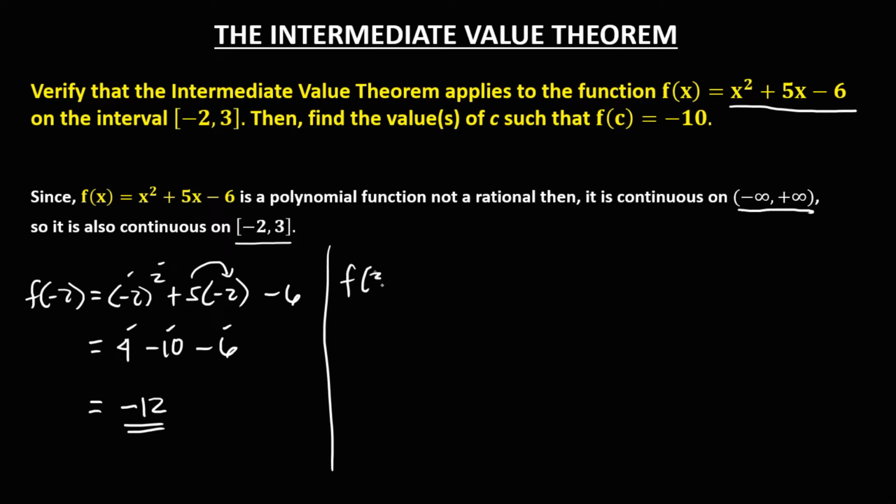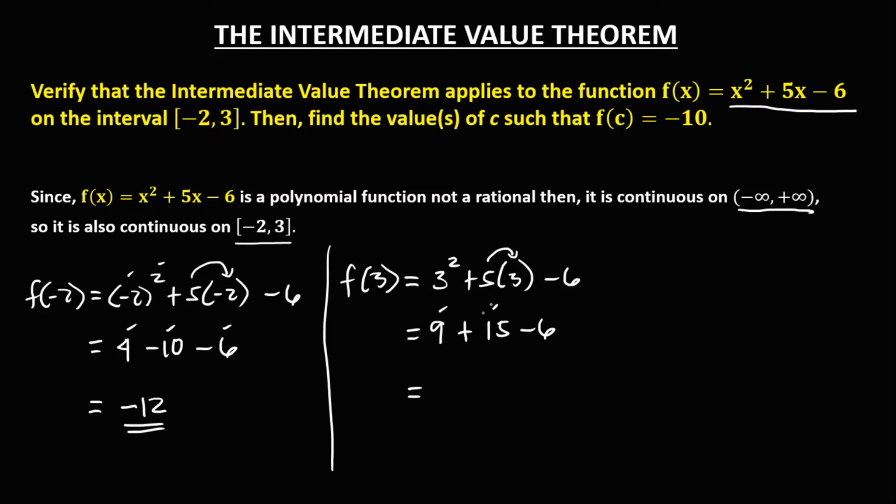And for f of 3, the same function. So we have 3 squared plus 5 times 3, then minus 6. Then 3 squared is 9, plus 5 times 3 is 15, then minus 6.